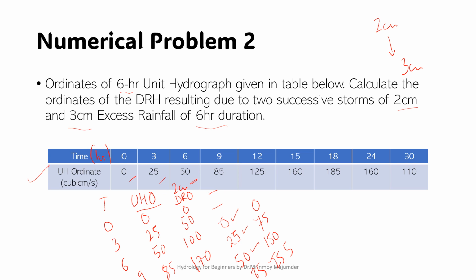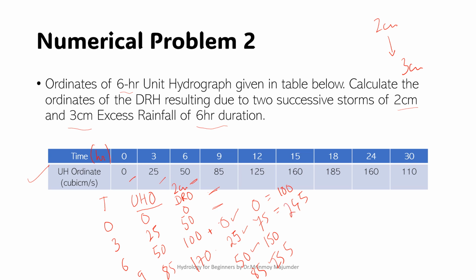So as you can see, I have left the first 2 rows because of the 6 hour lagged start of the second storm. So from here, 100 is a 2 centimeter ordinate. So 100 plus 0 will be 100. And then 170 plus 75 will be 245.